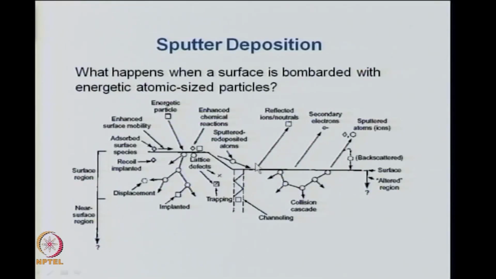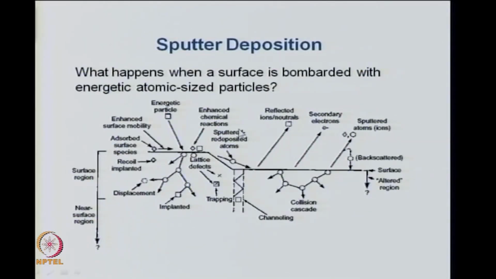It can also generate ions which are reflected, electrons which are ejected, which are called secondary electrons, and some of the sputtered atoms from the surface can come out. It can also be possible that some of the atoms which are coming out of the surface interact with the energetic particles, and then they are back scattered. So, several processes can occur.